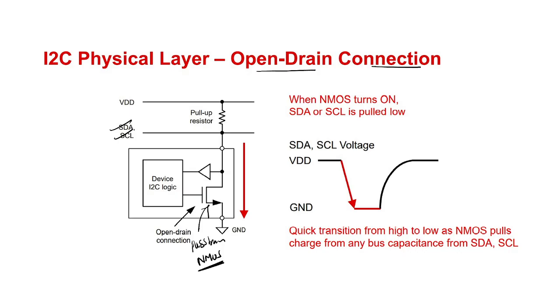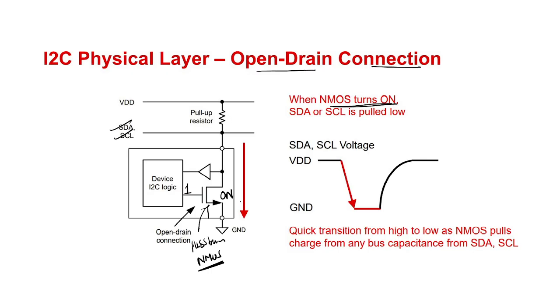When the I2C device gives a one to this NMOS transistor, the NMOS turns on. What happens?